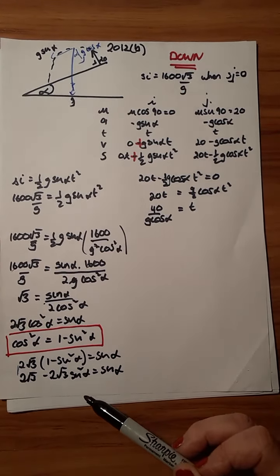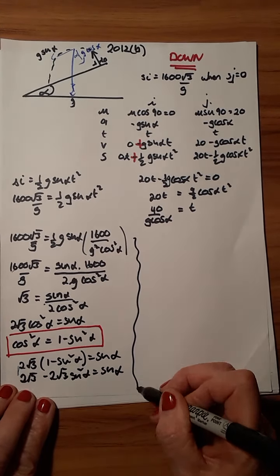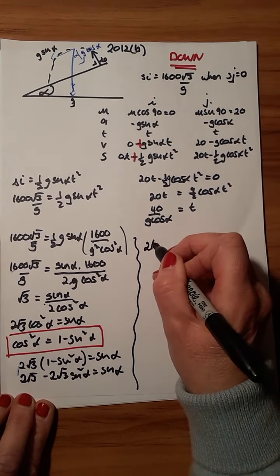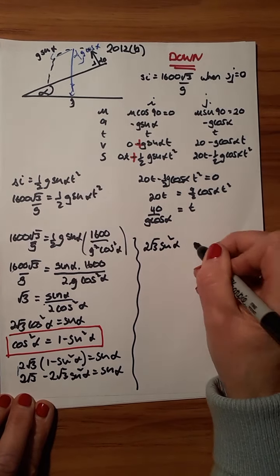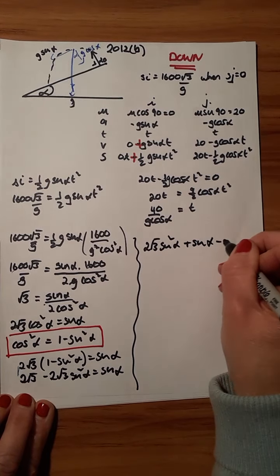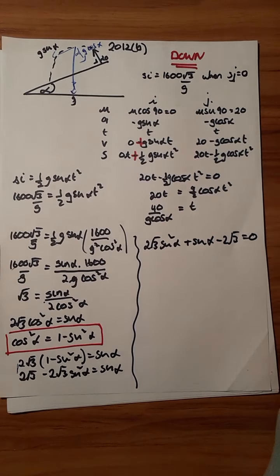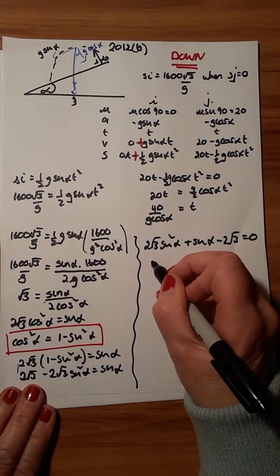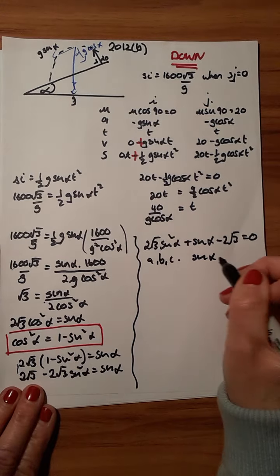Now I have a quadratic in terms of sine, so what I'll do is bring everything over to one side here, and I will get, I'll bring everything over to the right, twice root 3 sine squared alpha plus sine alpha minus twice root 3 is equal to 0. So I'm going to solve for sine alpha. So I'm going to use the ABC formula to solve for sine alpha.